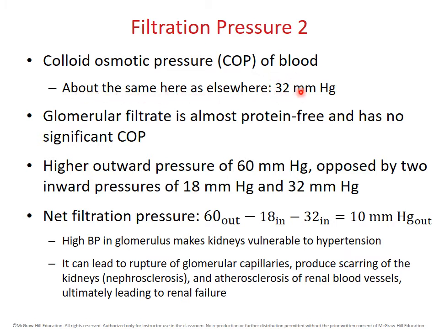So we're going to use basically the same number we used in our conventional conversation about capillaries, about 32 millimeters of mercury. Remember, this is a force that tends to draw fluid in. Water flow tends to move towards a higher osmotic pressure. So we've got a pressure of 32 due to the concentration of solutes in the blood that tends to draw water into the blood.